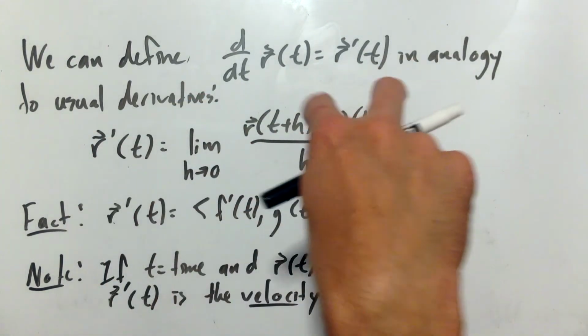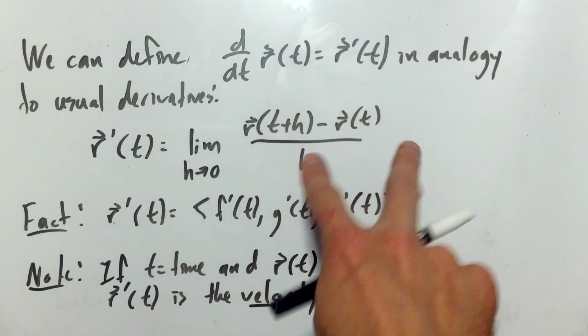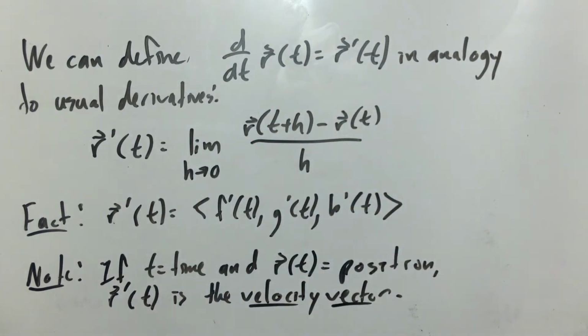The correct way of interpreting this is a displacement vector between 2 points on our space curve, and we're dividing by an interval of the parameter.